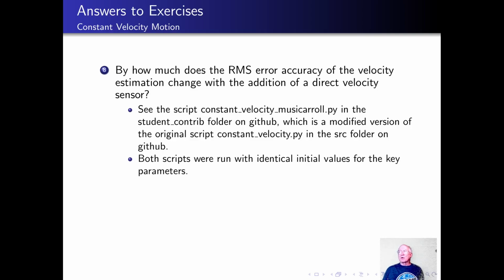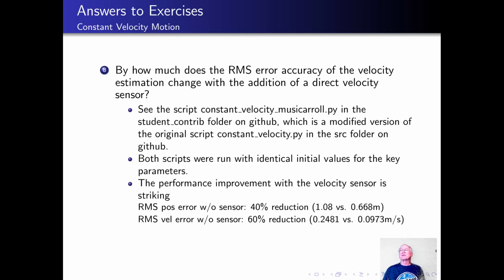Both scripts were run with identical initial values, and the answers we got were a pretty striking improvement: a 40% reduction in the error of position estimation and a 60% reduction in the velocity error estimation, as you would expect with a direct velocity sensor.